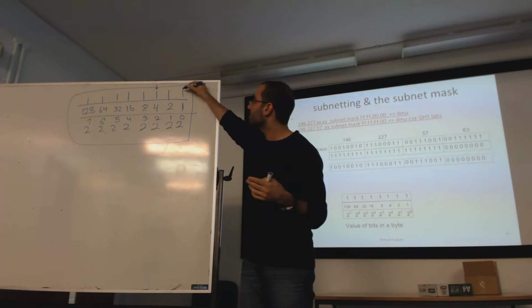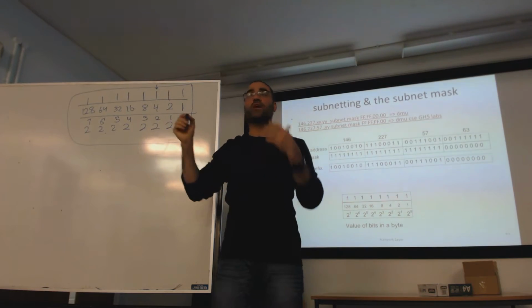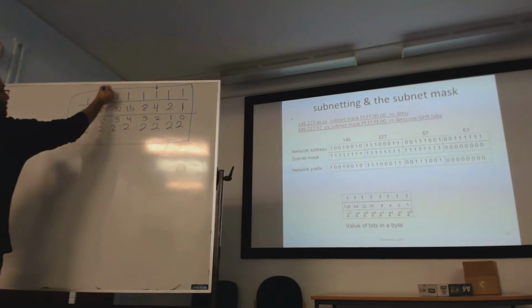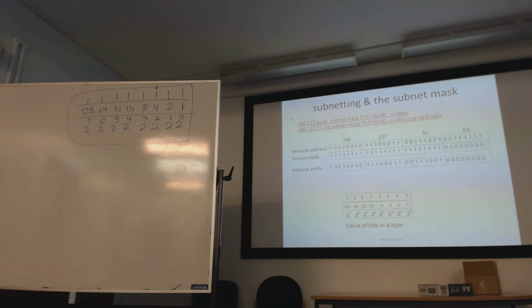Straightforward. Each bit has a value, you know that. So if I ask, what's the value of those 3 bits? If I have an address looking like 1, 1, 1, 0, 0, 0, 0, 0, what's the value in decimal? That's 128 plus 64 plus 32, which gives you, I think, 224.